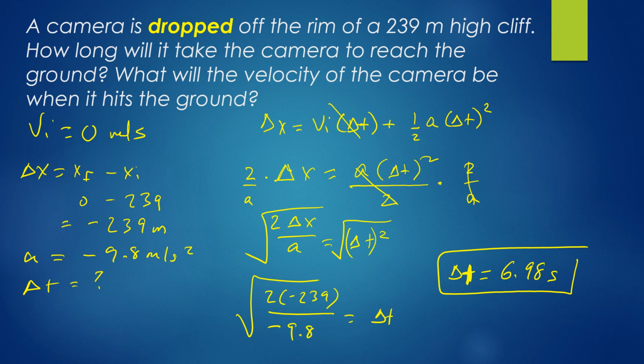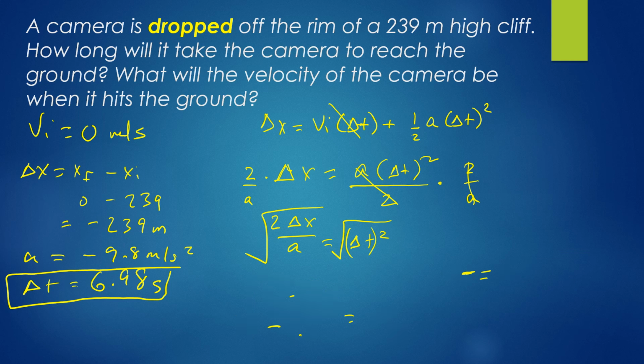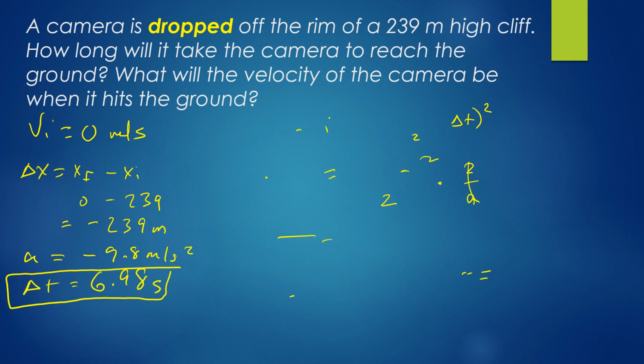That's the first part of the question. So I'm going to erase all of this. Well, I guess I can just erase my work, and I'm going to put my answer right here. So this was the first part. That's the first answer. Let me erase all of this.